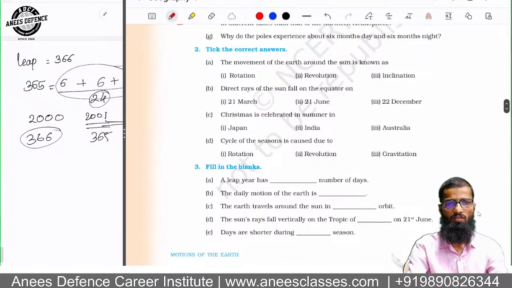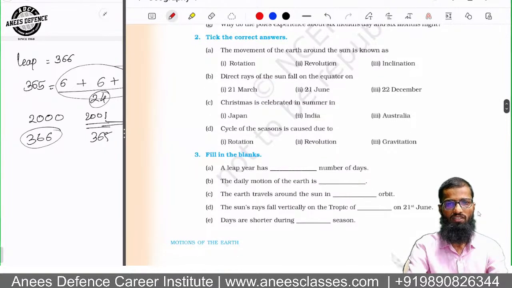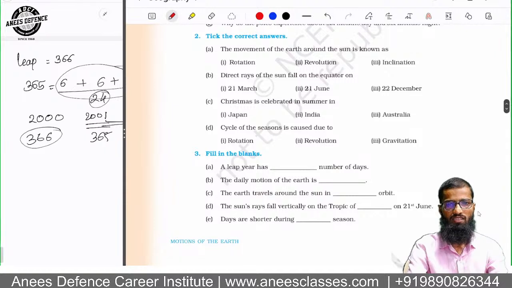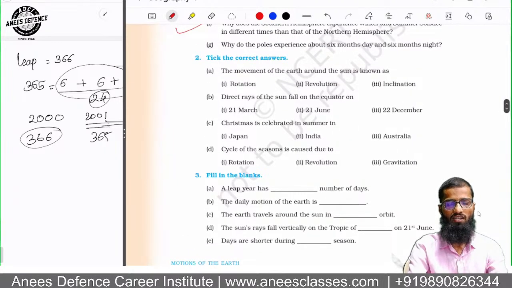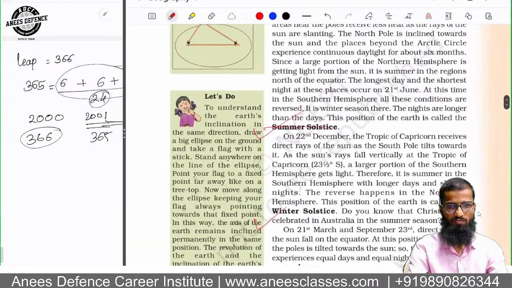Then MCQ: the movement of Earth around the sun is called revolution. Direct rays of the sun fall on the equator on. अभी ये आपको देखना है इक्वेटर पर कब गिरते हैं। देखो, we will get the answer here.